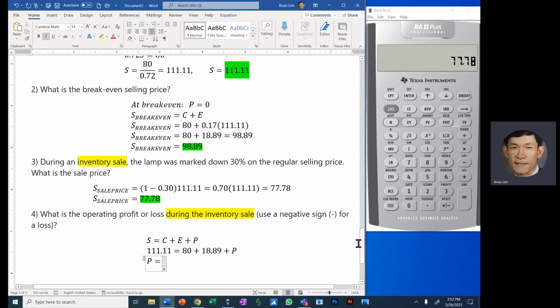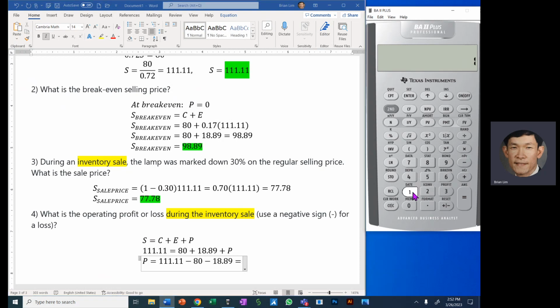So we go 111.11, and then we subtract 80, and we subtract 18.89. What I did was take these two numbers and put them on the other side, so there is a change of sign.